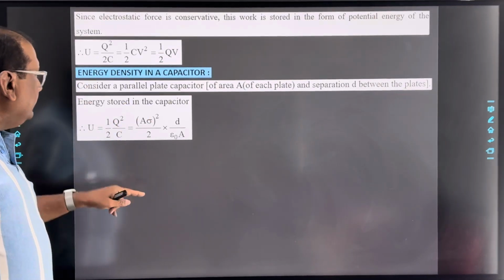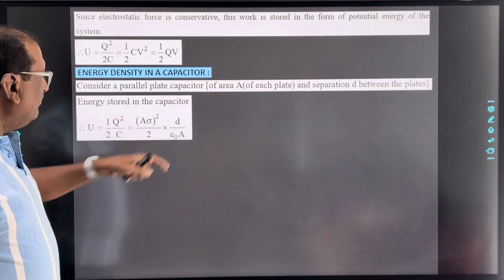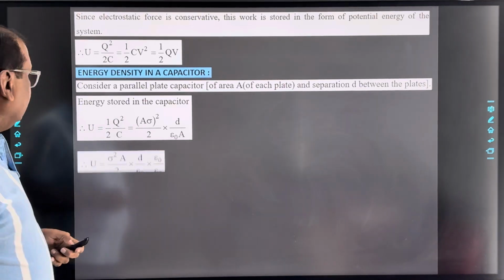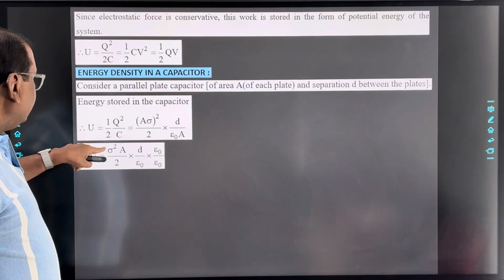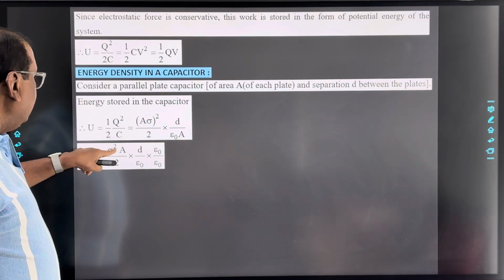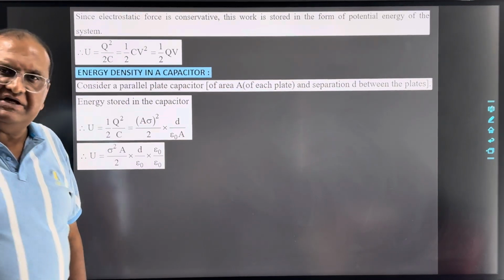Now this will be A^2 in the numerator and A in the denominator, so one A cancels. We can write U equals sigma^2 A over 2 times D over epsilon 0.